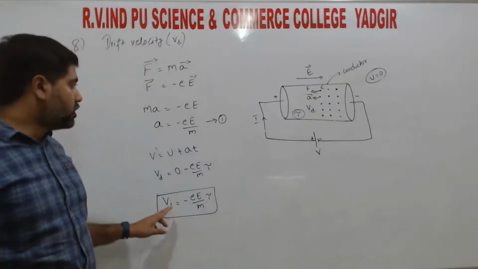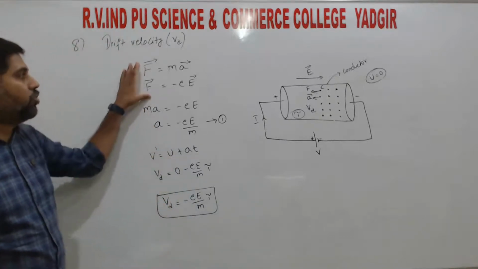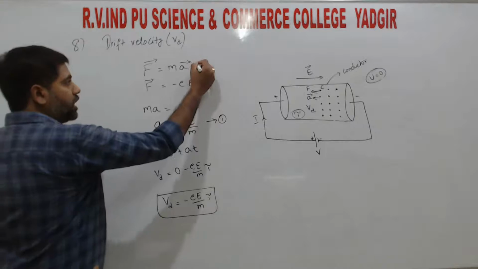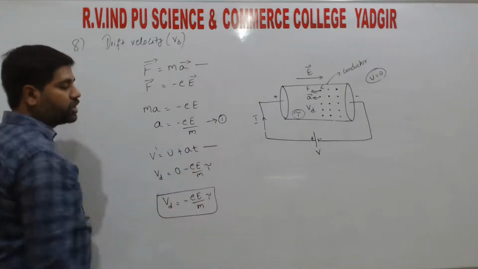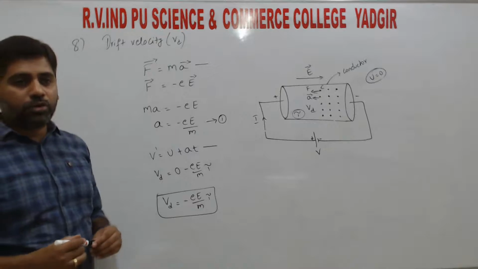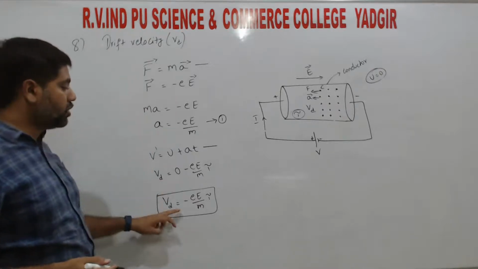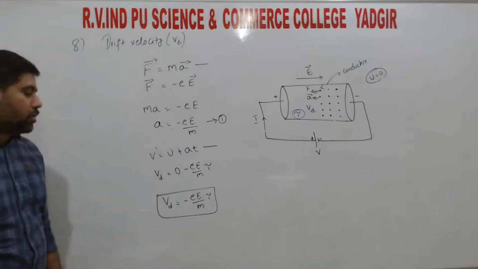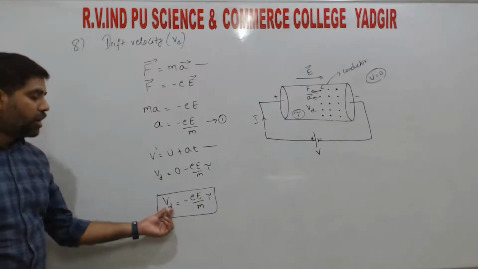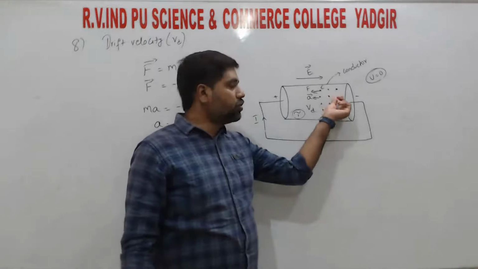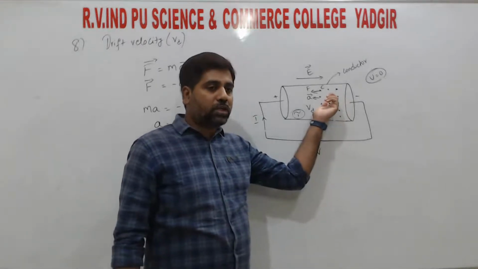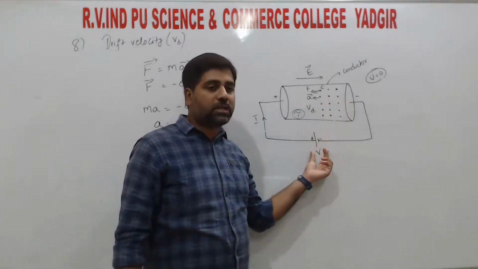So this is the relation for the drift velocity, right? Newton's second law of motion and the equations of motion are both from the first year. From this equation we can find the drift velocity. When electrons change velocity, it is the drift velocity; electrons start to move with a velocity when an external potential is applied.